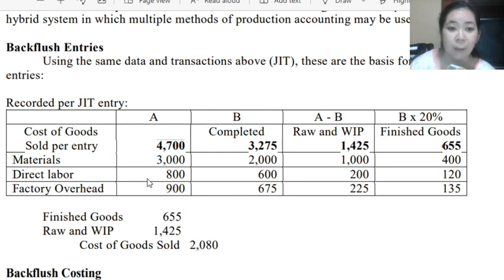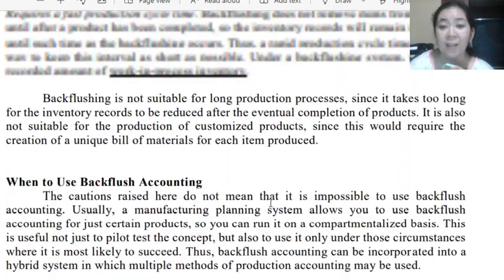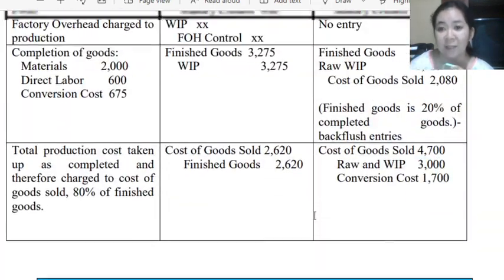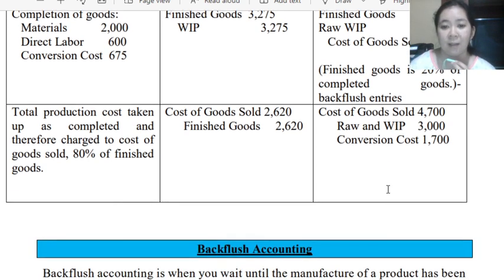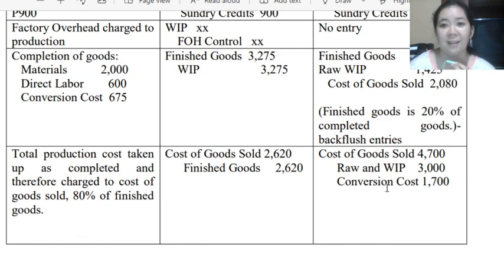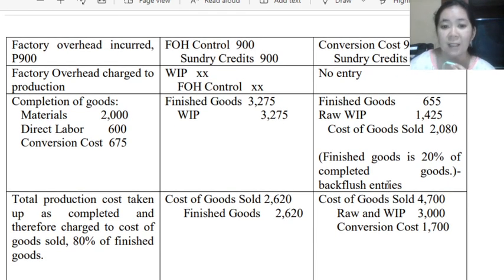For our conversion cost, this is direct labor and factory overhead of 800 and 900 respectively, so that's 1,700. This is where our entry came from under the just-in-time accounting. Those are the differences between our traditional and just-in-time journal entries.